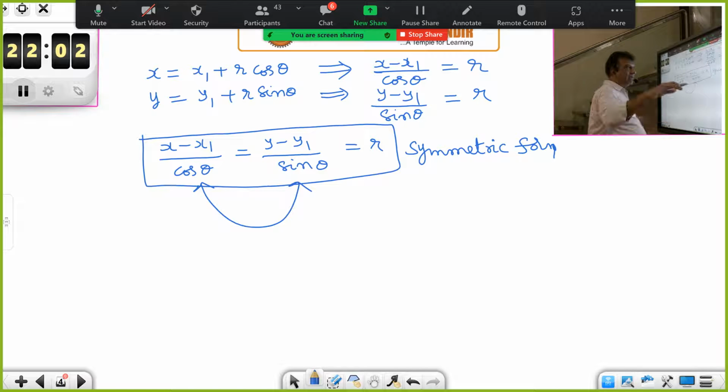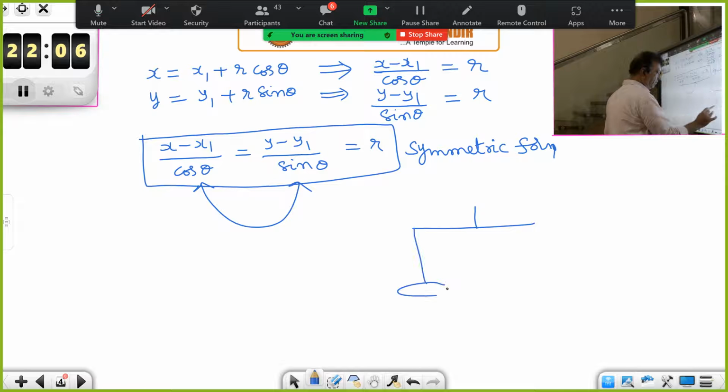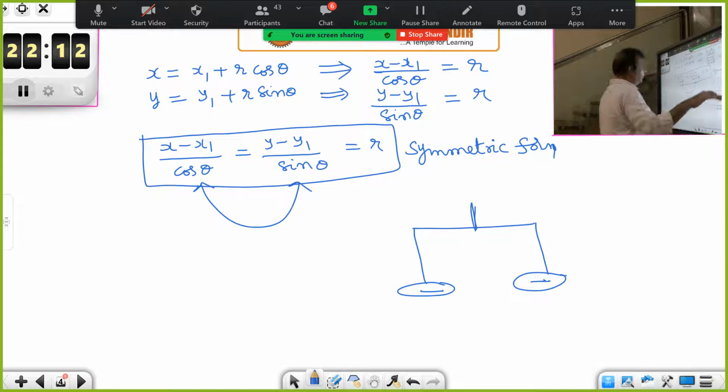It is just like a balance, with equal weights on the two pans, just a balanced balance. So both sides same weight. So like that it is there. That is why it is called symmetric form.